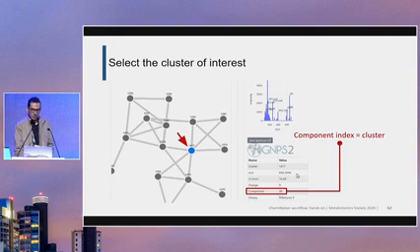But the most important information here is the component index, the number of the cluster, the number of this component, the molecular family. In this case, it's number 28. All the nodes of this cluster present the number 28, right? And this information is very important for the next steps of the ChemWalker workflow.